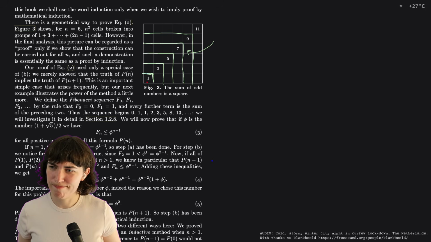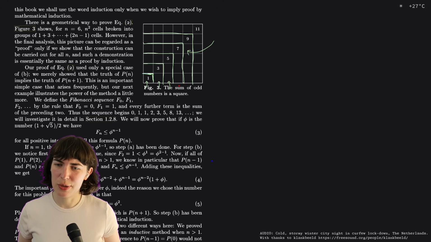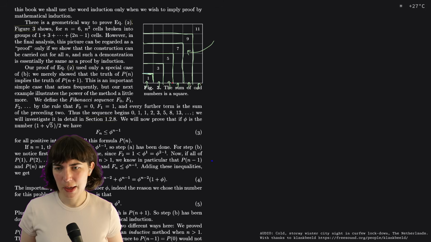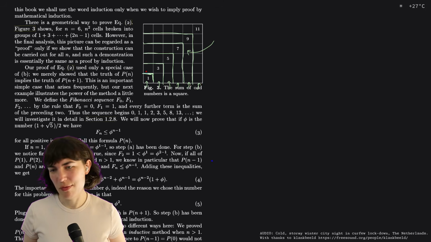I suppose... This is definitely 1 squared. This is 2 squared. Okay, this is 3 squared. Fine, okay, that makes more sense. 4 squared, 5 squared, 6 squared. And you can see it's squared, obviously, because it's a square.